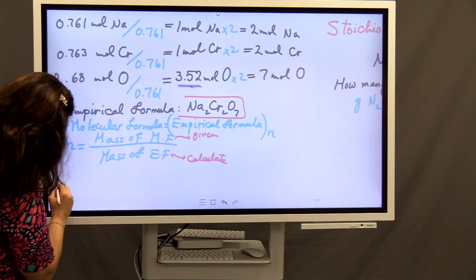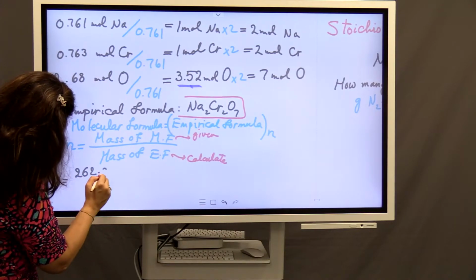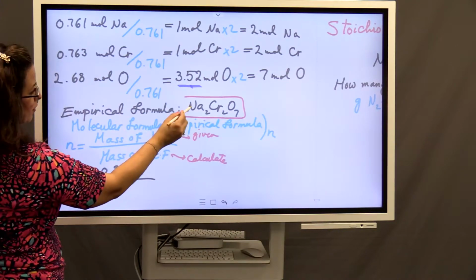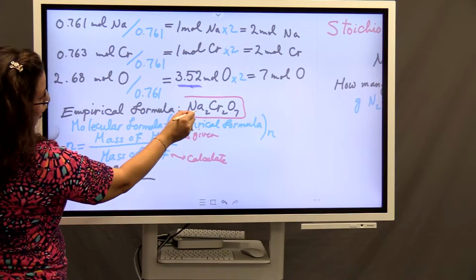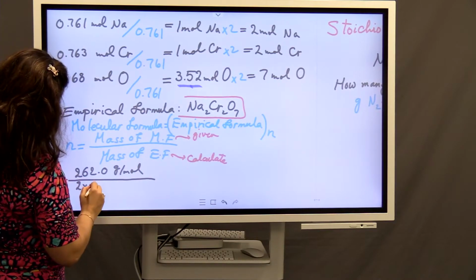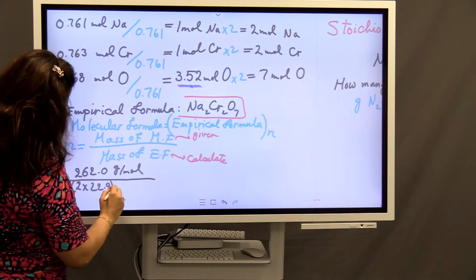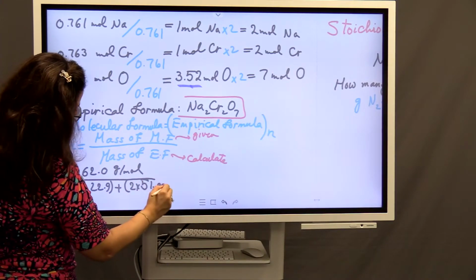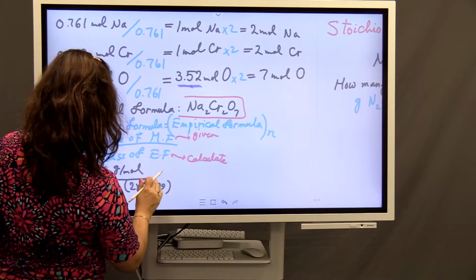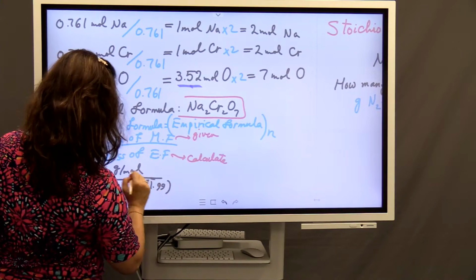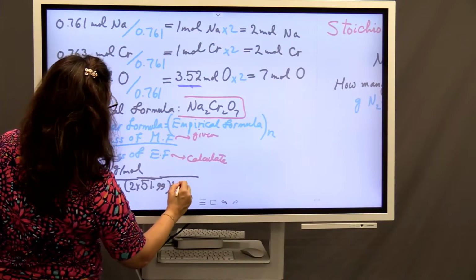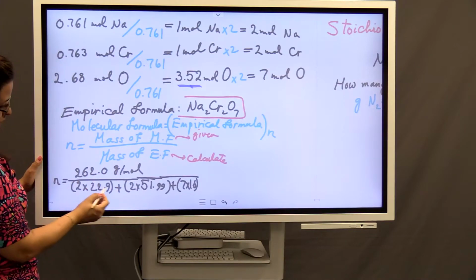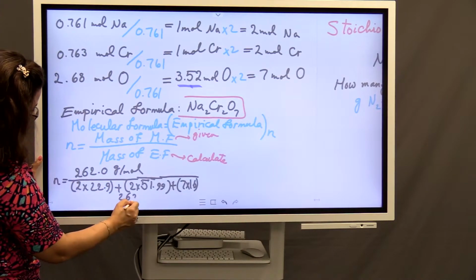Okay, so N is 262 grams per mole divided by mass of 2 times 22.9, which is sodium, plus 2 times 51.99, which is chromium, and let me just make it more clear to read, plus 7 times oxygen. Okay? If you do this calculation, it's going to be the same, 262 almost.